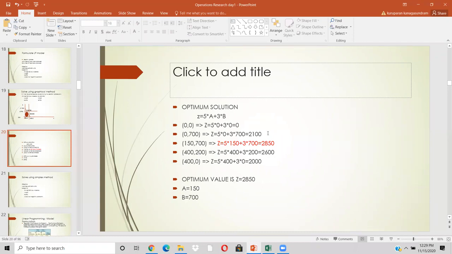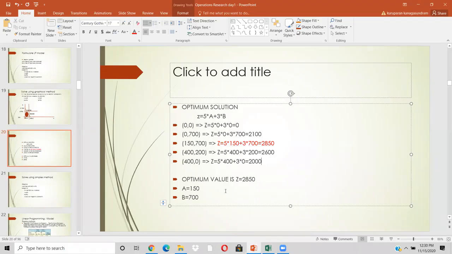Among this set, 0, 2100, 2850, 2600 and 2000, which should I choose, the maximum amount or minimum amount? I have to choose the maximum amount. Why? The problem is maximization. Okay, so I have to choose the maximum value. Among these, I have to choose 2850.